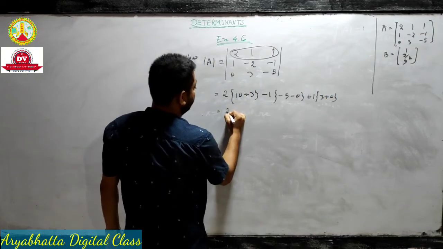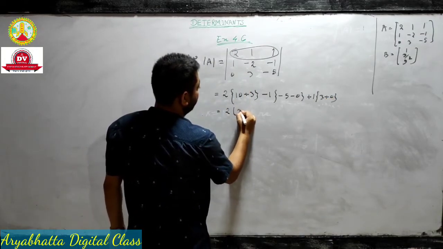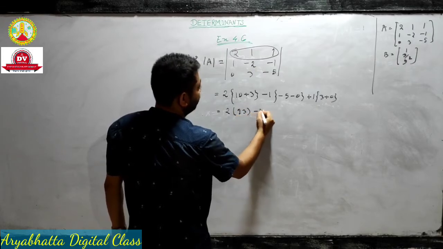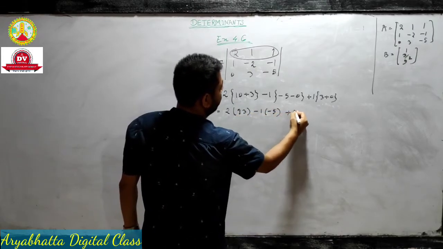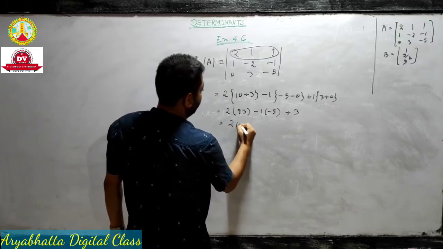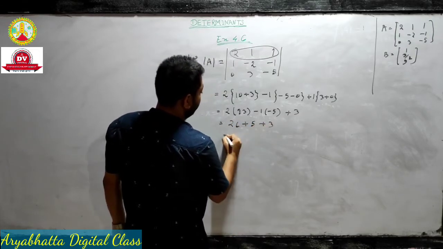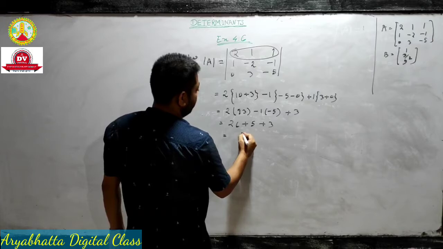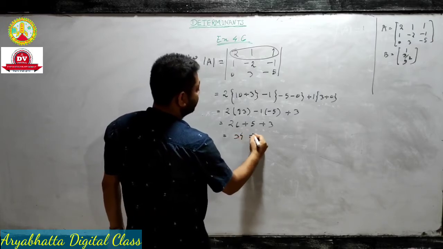This is equal to 26 plus 5 plus 3, equal to 34, which is not equal to 0.